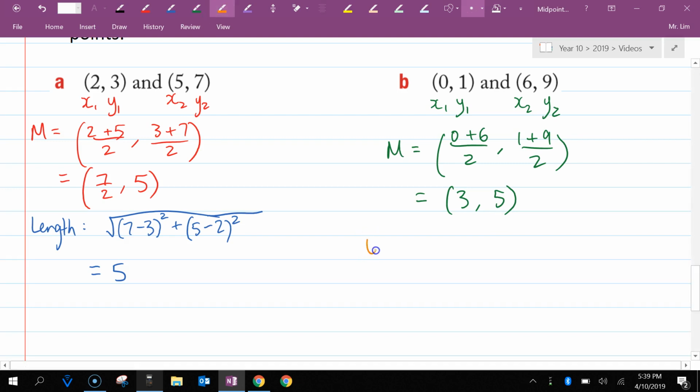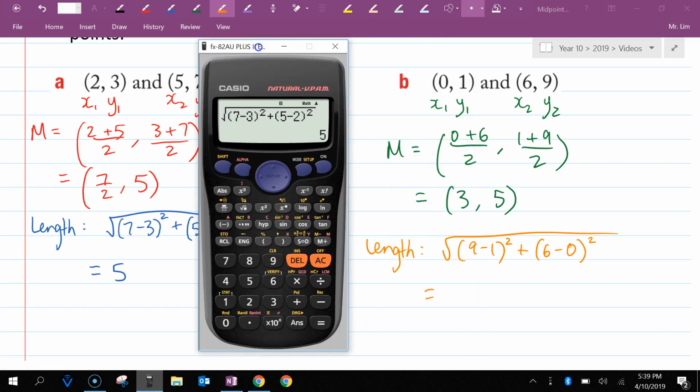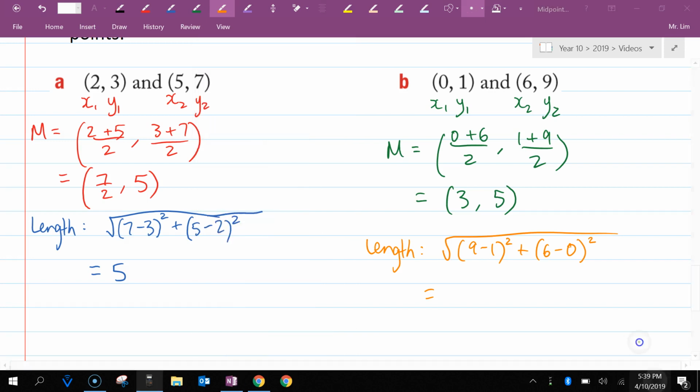To find the length, we square root y2 minus y1 squared plus x2 minus x1 squared. Put that in our calculator. 9 minus 1 squared plus 6 minus 0 is just 6. And we get an answer of 10.